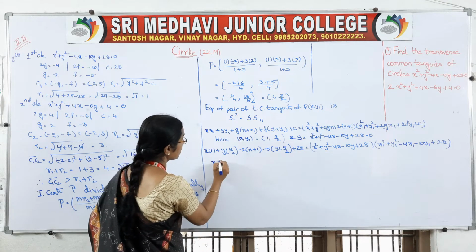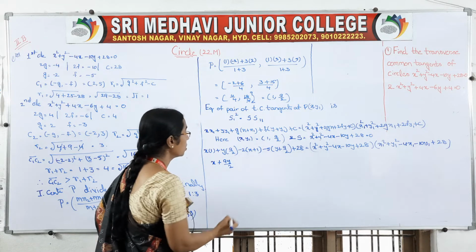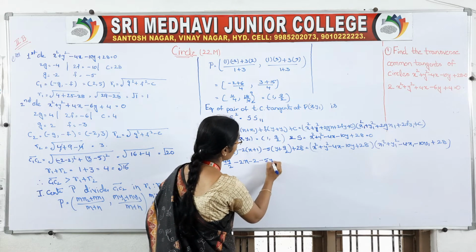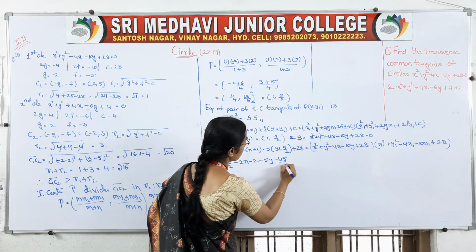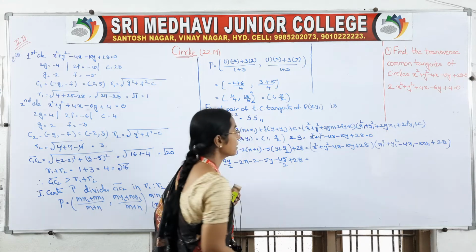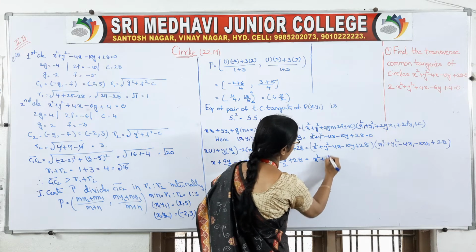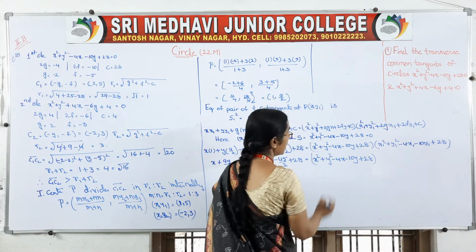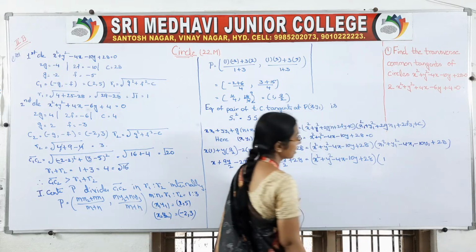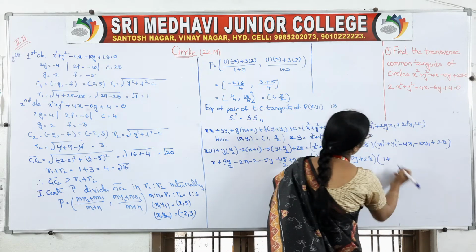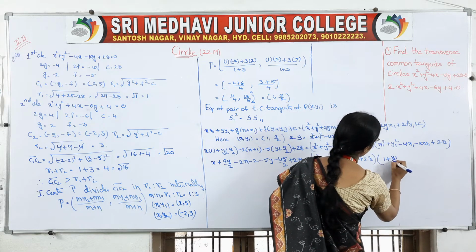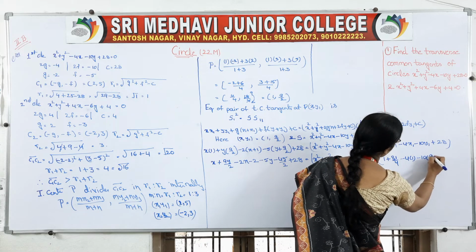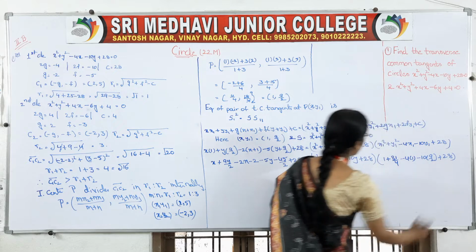So here it is x plus 9y by 2, open the brackets, minus 2x minus 2 minus 5y minus 45 by 2 plus 28 equals x square plus y square minus 4x minus 10y plus 28 into, x1 square, 1 square, y1 square, y1 is 9 by 2, 9 by 2 square is 81 by 4, minus 4x1, 4 into 1, minus 10y1, 9 by 2 plus 28.